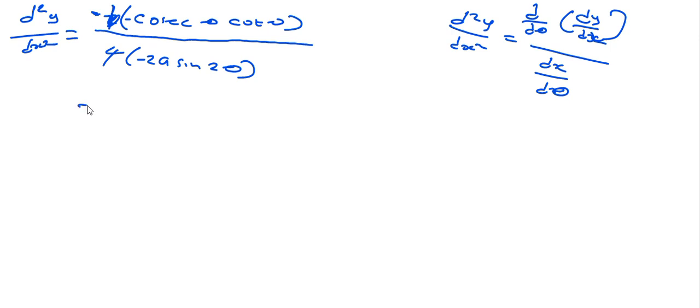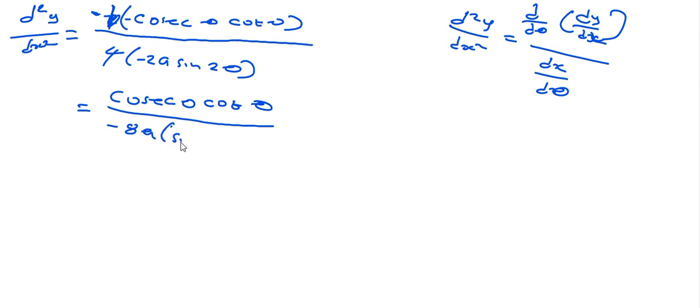Then we're going to simplify. Okay, let's simplify. Remember, this negative and negative is going to be positive. We're going to be left with cosec theta cot theta, all divided by negative. Remember, 4 times negative 2 is going to be negative 8a. So remember, we're going to be left with sine 2 theta. Remember, this is a double angle, right?